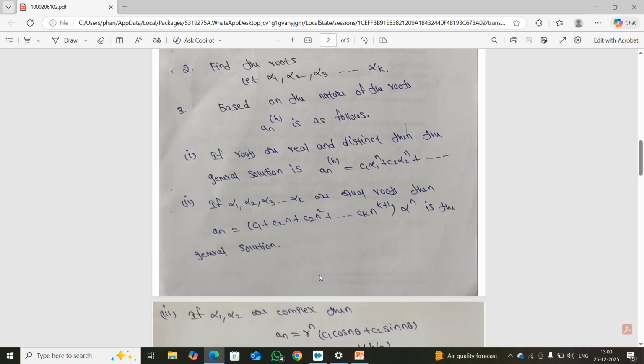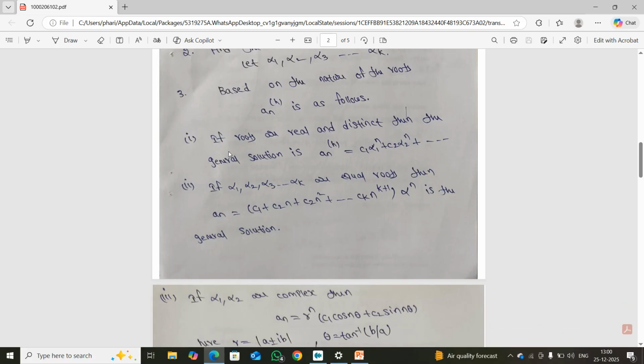When the roots are equal, a_n = (c1 + c2 n + c3 n^2 + and so on, up to ck n^(k-1)) times alpha^n is the general solution.